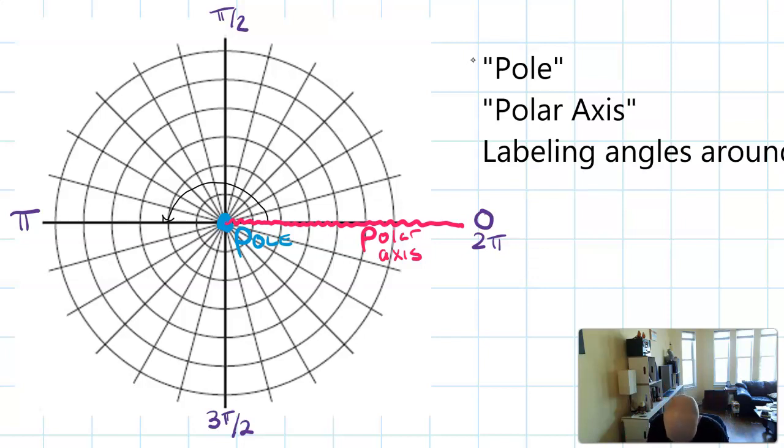The ones directly in the middle that divide into eighths, those are the pi over 4s. And what I notice about these other lines is there's actually 24 of them around the whole circle, or 12 in a half circle, which means that each of these lines is actually a pi over 12, which is not an angle we've dealt with before.